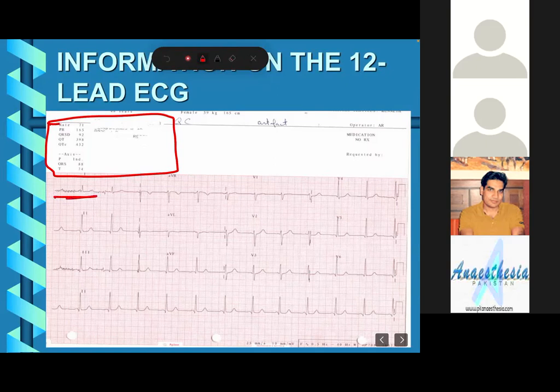If the artifact shows some vibrations, it can be read as atrial fibrillation or something else. But we should know which are the artifacts and which are the original ECG findings. Likewise, in this ECG, the initial vibrations are artifacts. Like this one, these are the artifacts present on the ECG.